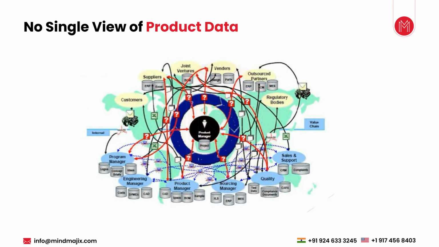Similarly, within the organization there are program managers, relevant sub engineering managers, product managers, sourcing managers, quality, and sales support. All these departments or components, and these external bodies, are required to launch a product.